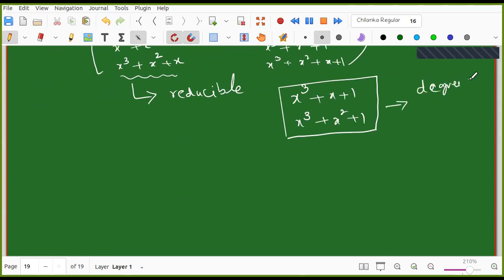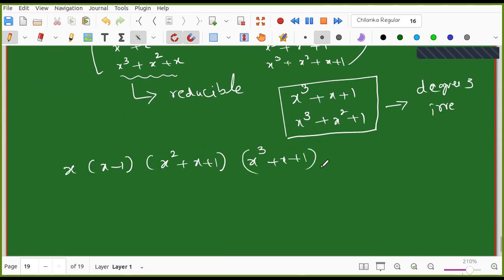Now I'll multiply all of the polynomials: x into x minus 1 into x square plus x plus 1 into x cube plus x plus 1 into x cube plus x square plus 1. Can you predict what I'm going to get?